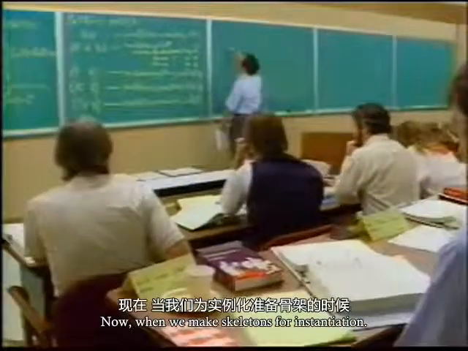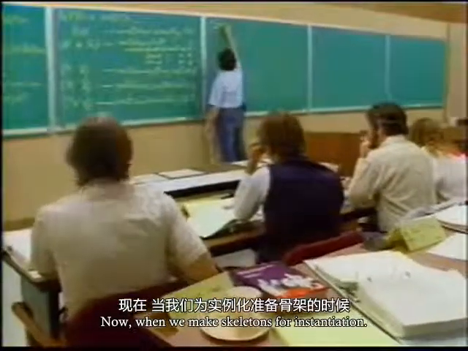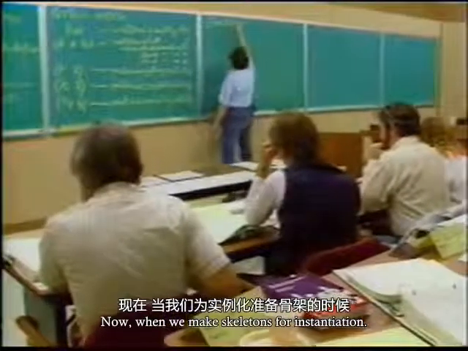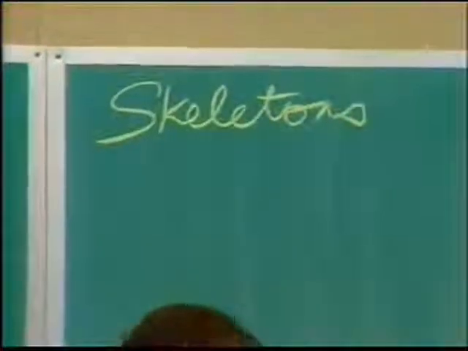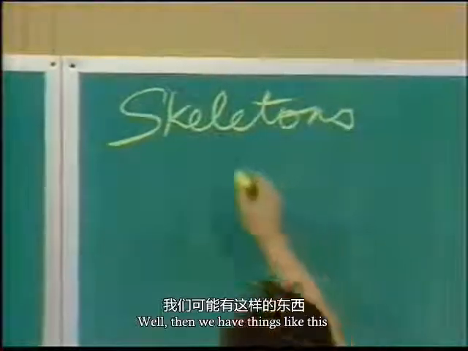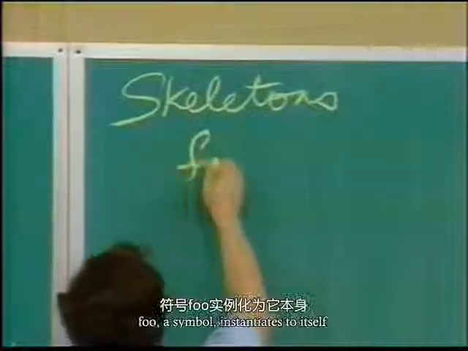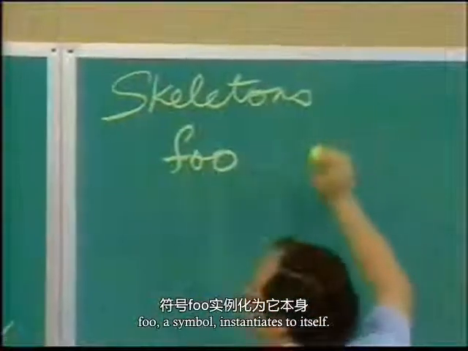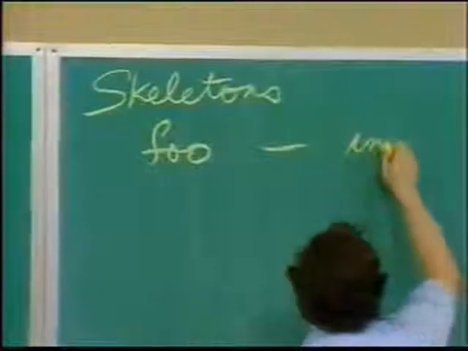Now, when we make skeletons for instantiation, well, then we have things like this. Foo, a symbol, instantiates to itself.